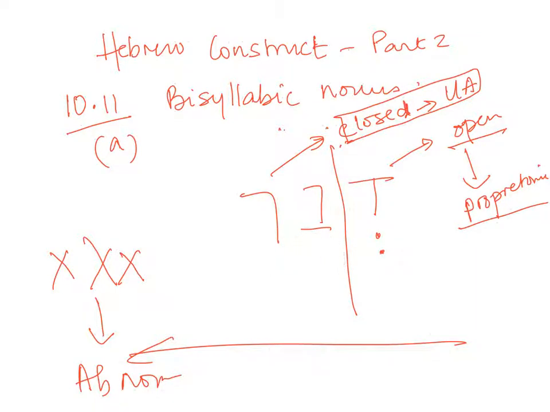You cannot have a kametz according to the rules. So I'm going to have a patak in this case. You can only have patak in this, and therefore it changes from a kametz to a patak. So how are we going to translate it? Word of.